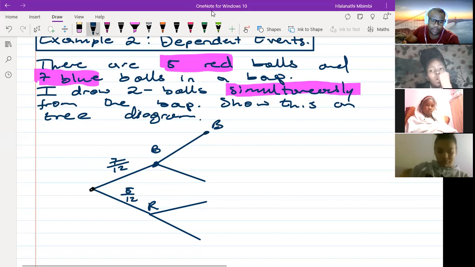Now, when we go to get another blue ball, something is going to happen. The probability of getting a blue ball would now have 6 in the numerator, because you've taken out the first blue ball. So the blue balls left are 6, but the overall balls are not 12 anymore, they are 11.